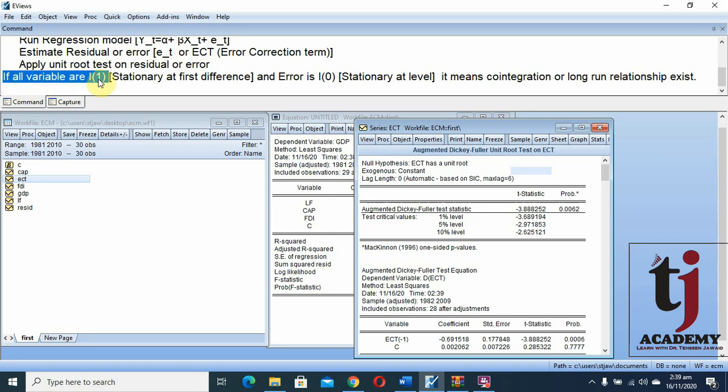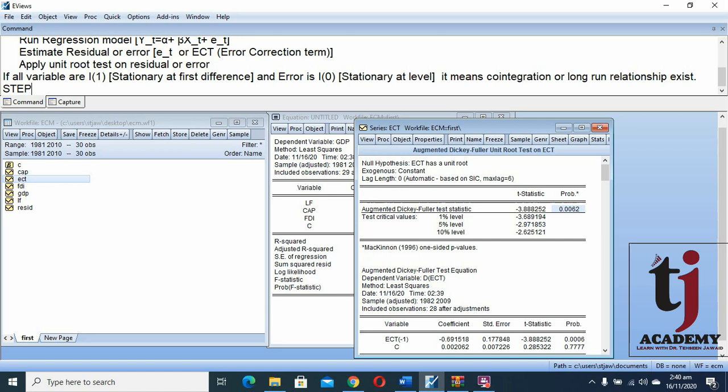So if all variables are I1, meaning stationary at first difference, and the error is I0, meaning stationary at level, it means cointegration or a long run relationship exists. Here we can see this shows there is a long run relationship. So if cointegration exists, we can move towards step 2.